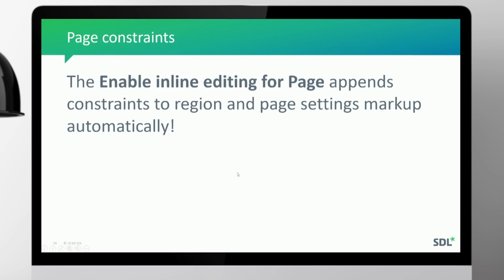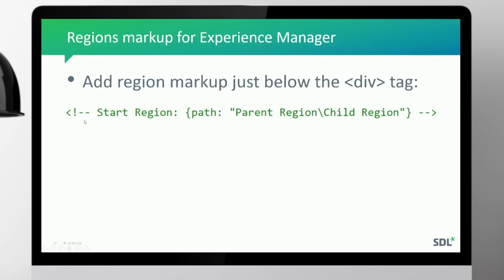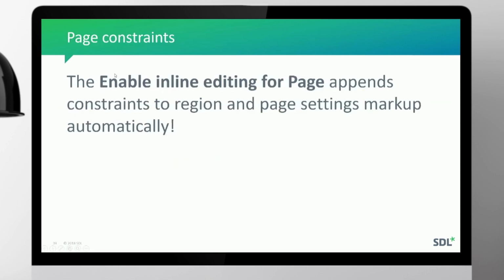And there is also the existing template building block, enable inline editing for a page. So again, when you do CM side rendering, so when you render the HTML on the CM side and generate this markup, start region with a path to a region, then this template building block will find these markups, and it actually will write all the other properties for you.